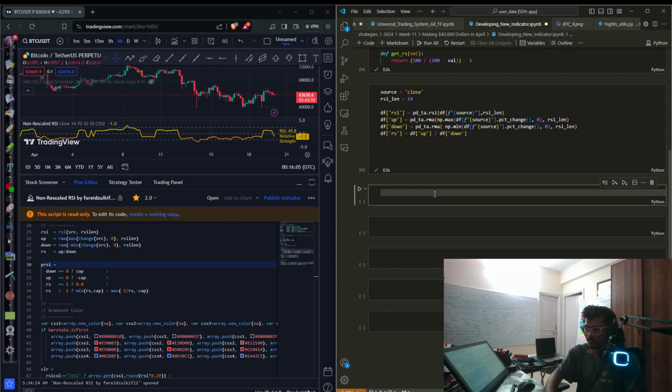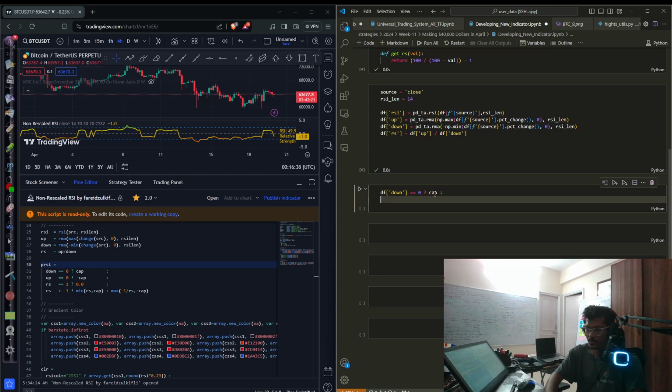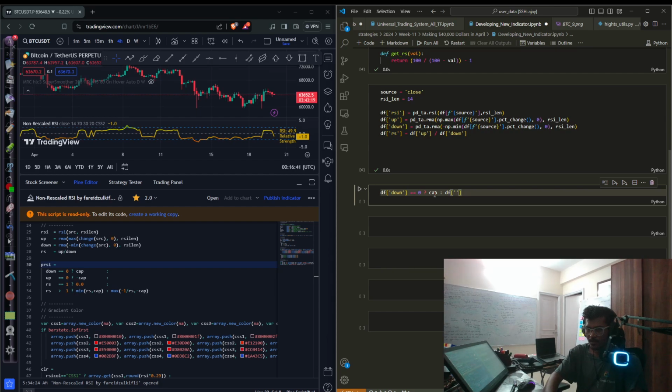All right, let's get this value. Get all this function down. If down equals 0, then it's cap, otherwise minus cap. Otherwise, if up equals 0, then minus cap.